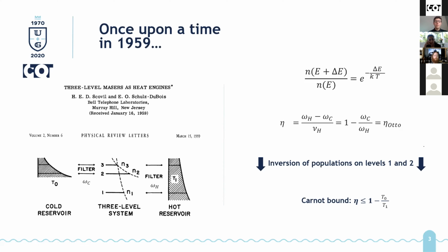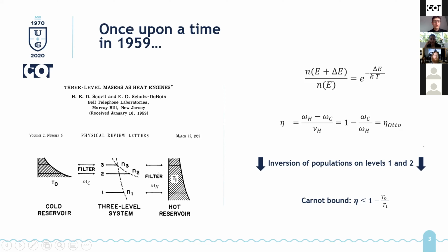Close to the equilibrium, you just have the outgoing beam with the frequency corresponding to this energy gap, and this is just omega h minus omega c. So the incoming beam is from the hot reservoir with omega h, and we have the efficiency, which is a very classically often observed efficiency.